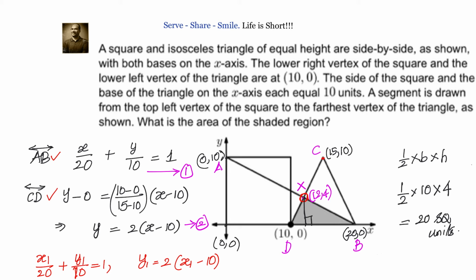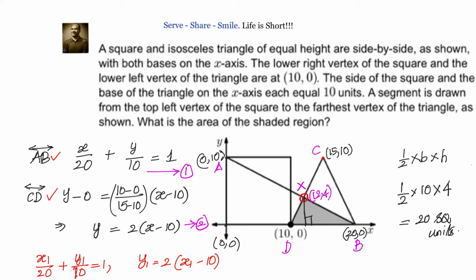So it will be 15 and the height will be 10. So 15, 10, because we have been given the square and isosceles triangle are of equal height and side by side. So we know coordinates of C, we know coordinates of D, we know coordinates of A, we know coordinates of B.